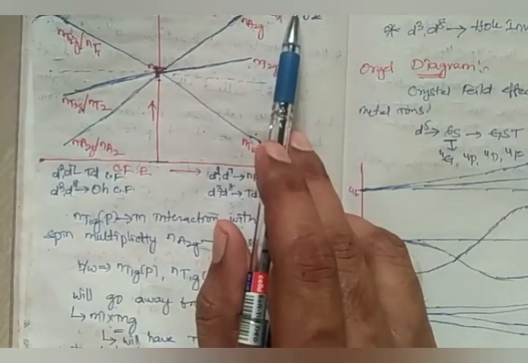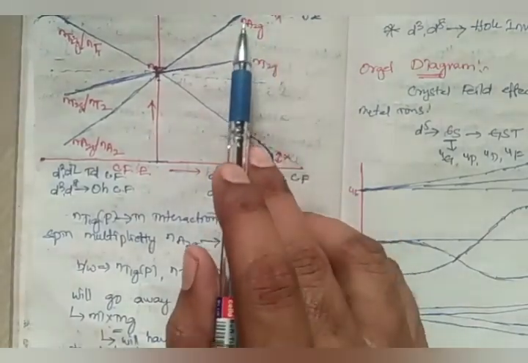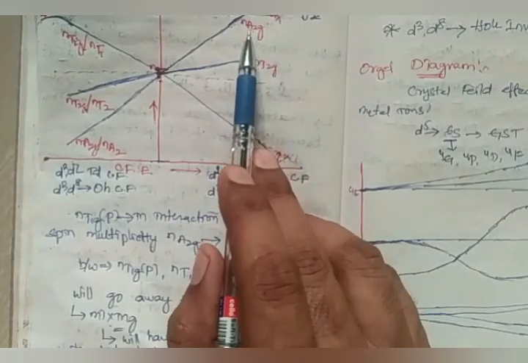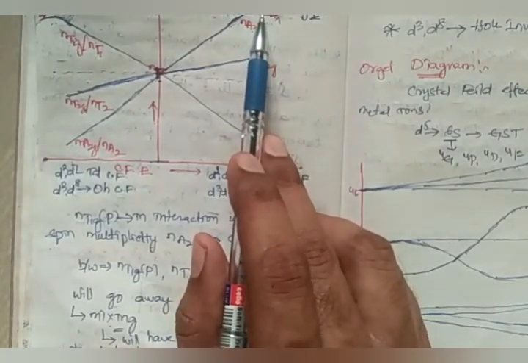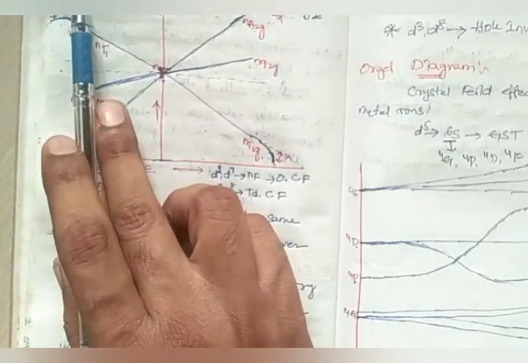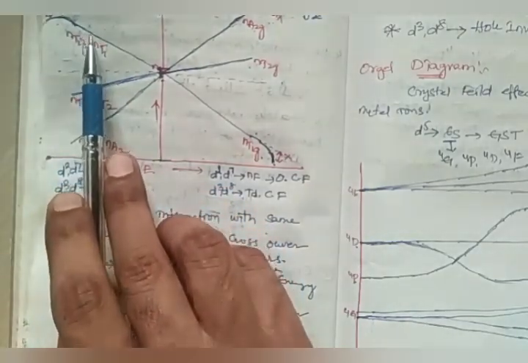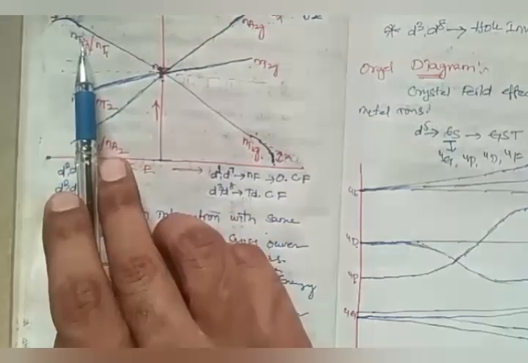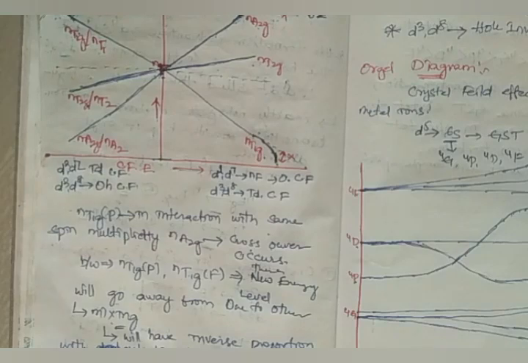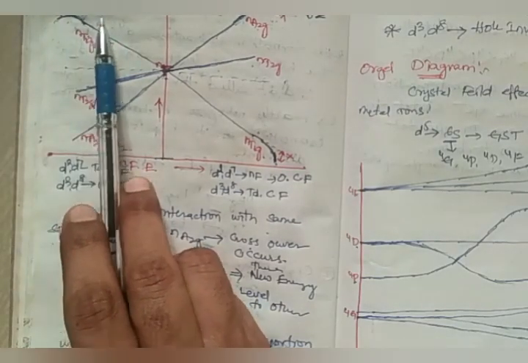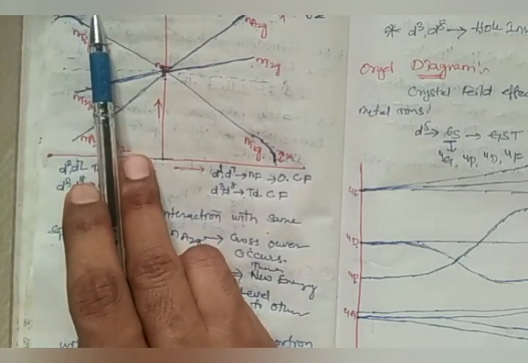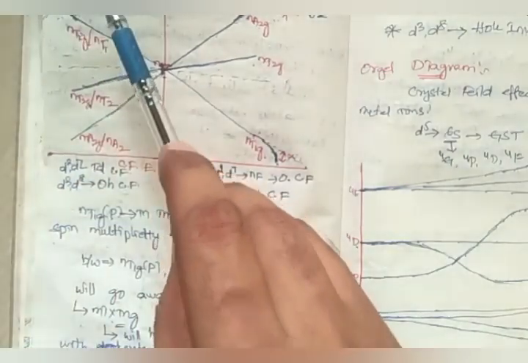Here T1G and A2G have the same spin multiplicity but the terms are different, so crossover takes place. In the case of T1G of P and T1G of F, the spin multiplicity is the same and the terms are also the same, so mixing takes place and they repel each other and move away from one another.